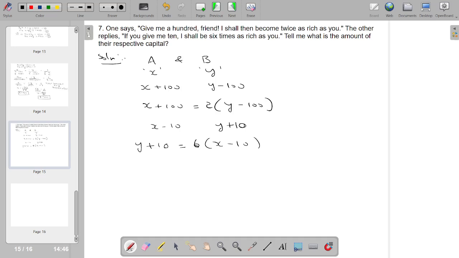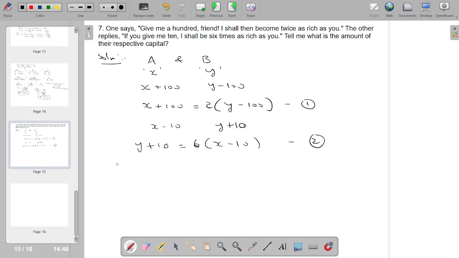Now this is one equation, this is another equation. You have to simplify and solve these, and that is the answer for this particular problem.